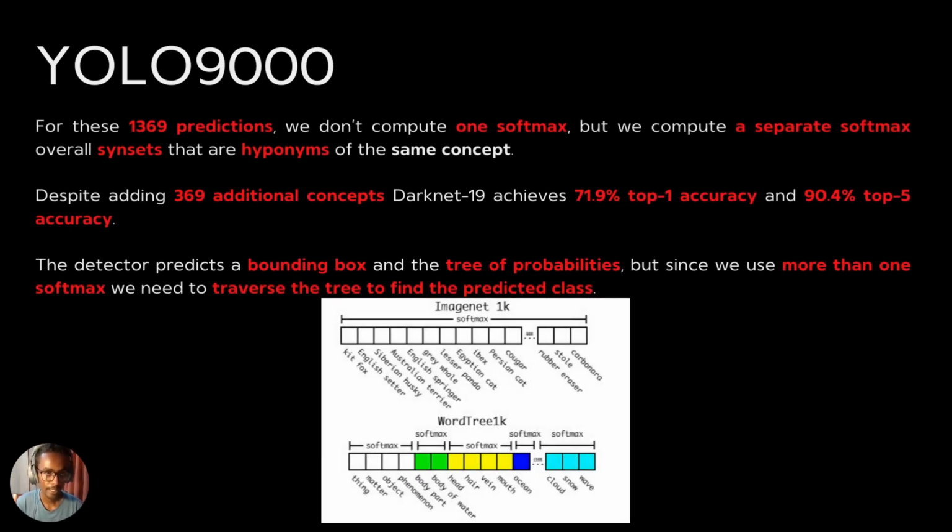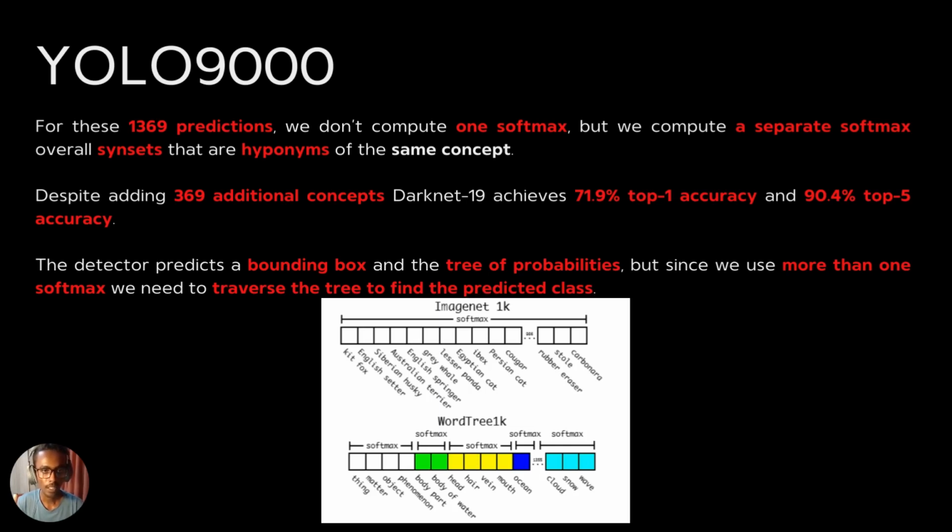For these 1,369 predictions, we don't compute one softmax as we did previously in deep learning literature, but we compute a separate softmax over all synsets that are hyponyms of the same concept. So what is a synset? It's just a set of synonyms, words that have the same meaning, and hyponyms are words that express a more specific concept.